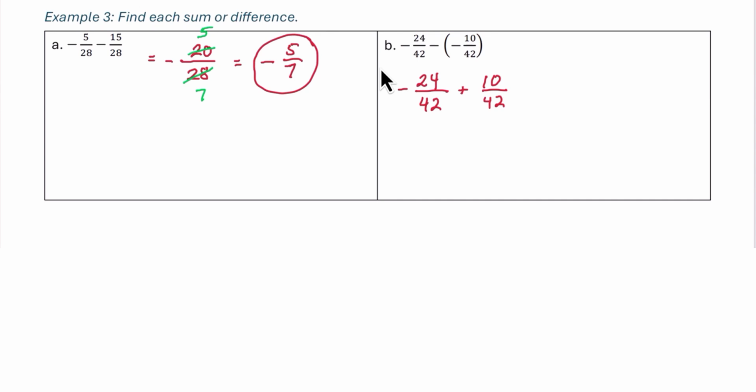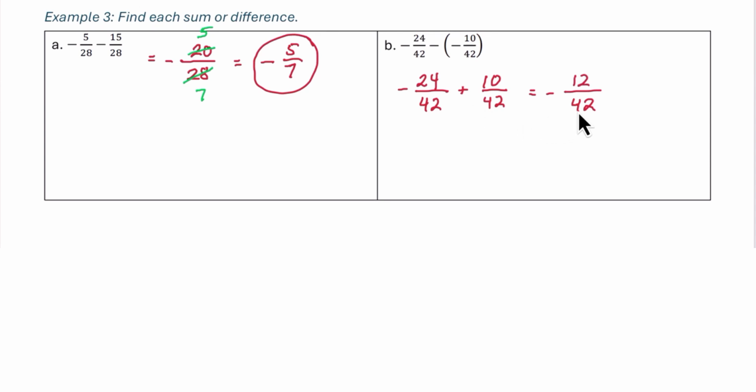We can change that double subtraction to addition to help us right away. Recognize that the denominators are the same. So the common denominator is not going to change. That's still 42. And looking at the numerator, we have negative 24 plus 10. Negative 24 plus 10 is negative 12.